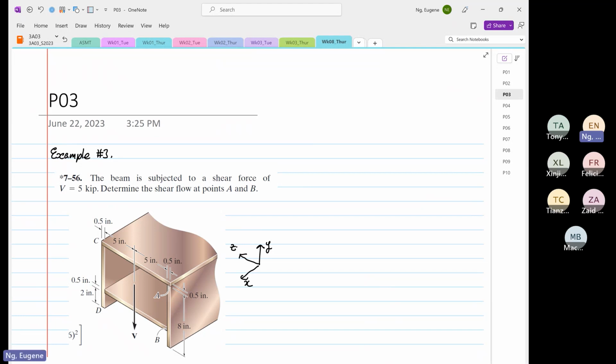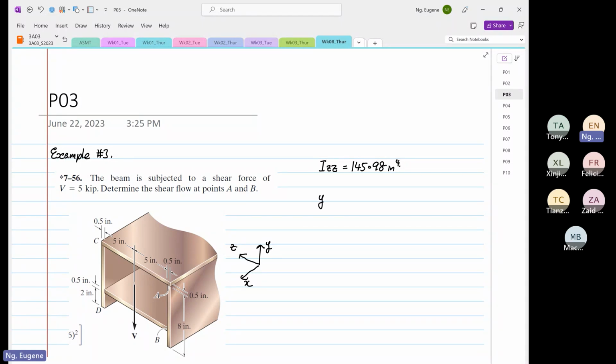Then I'll write down that our Izz. Okay. I'm going to focus on the first moment of area rather than the second. Okay. So our Izz is equal to 145. Because I believe all of you know how to find the second moment of area really well now. It's the first moment of area that is a killer. Okay.